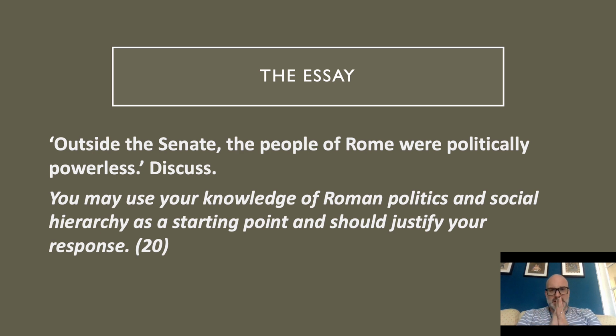So let's think about some keywords, and this is when we're kind of going back to our introduction, because I think there are some words that require some definition in this question. Outside the Senate, the people of Rome were politically powerless. Well, I think we need to think about what Senate means, certainly. I think we need to think about the people of Rome, and perhaps also politically powerless, because there's ways we can interpret those words.